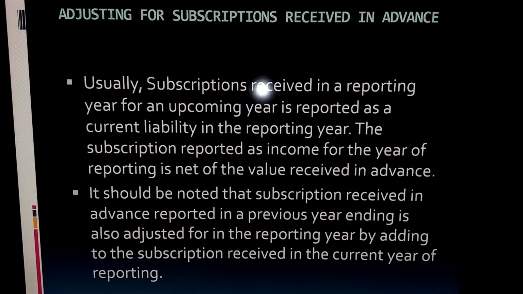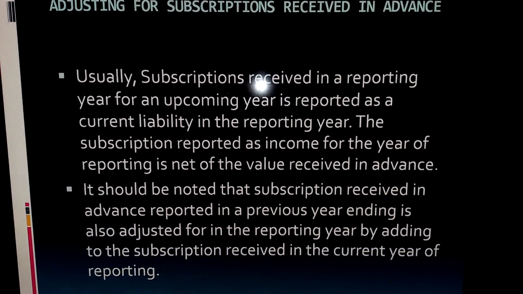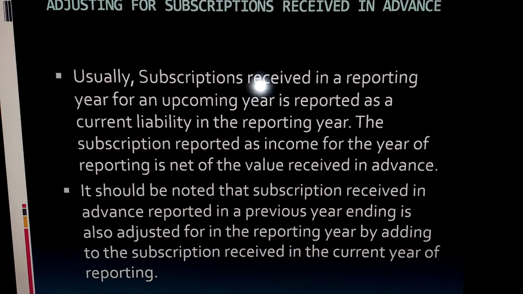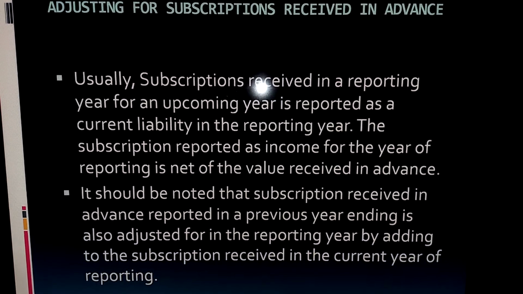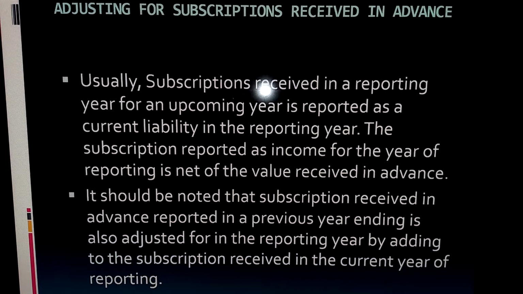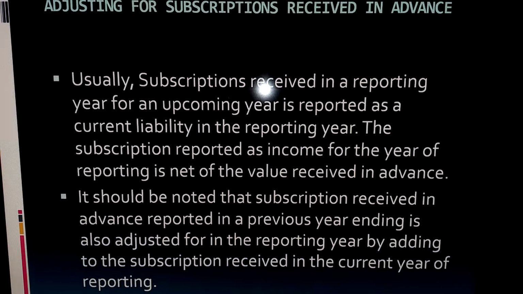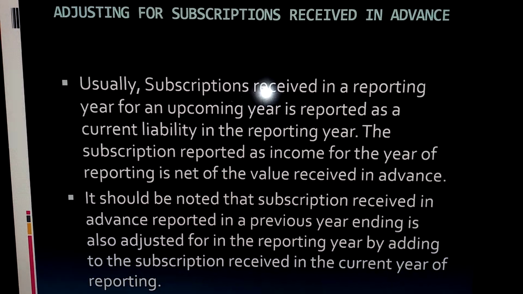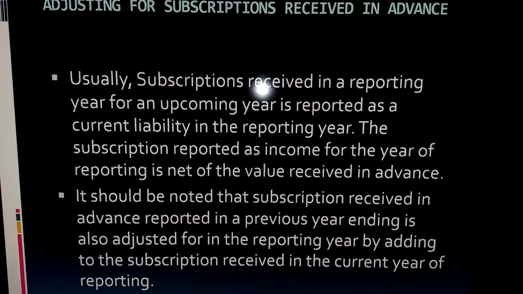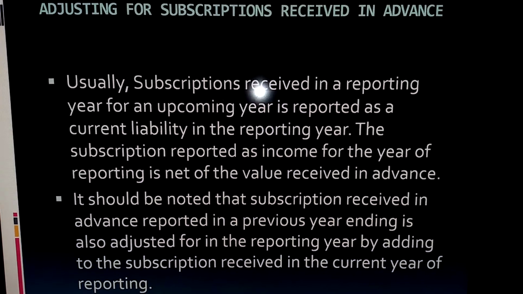So whenever you have subscription received in advance in the year of reporting, it is treated as a current liability, because it is not yet time for them to pay, but you have received it from the members. So you are owing the members for a year that is not due. In the year of reporting, it is a current liability.